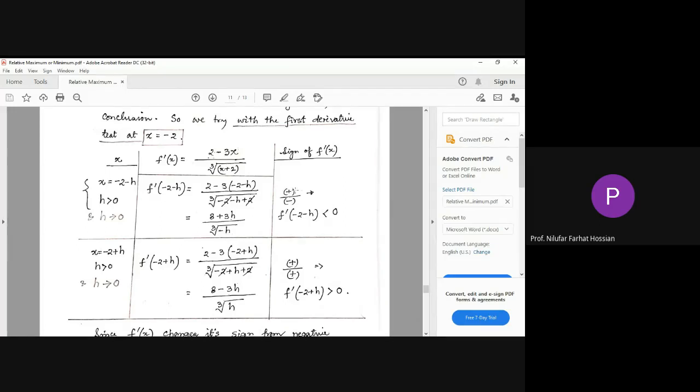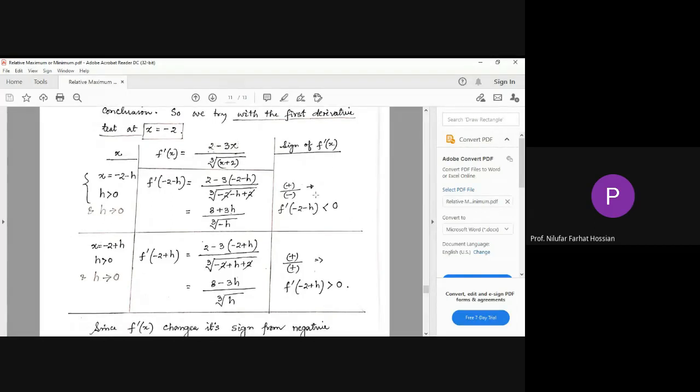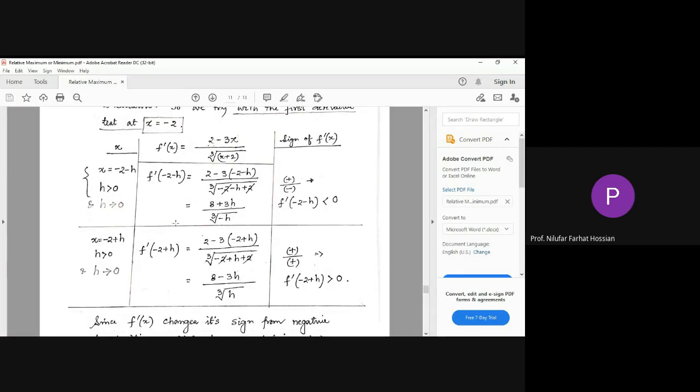So the upper part gives you positive, the lower part is negative. So finally, the sign of this f prime of minus 2 minus h will be negative, because plus divided by minus will be minus. Now we take a point which is greater than minus 2.